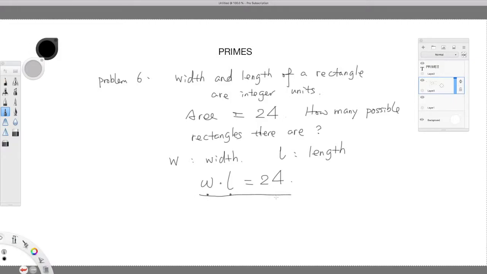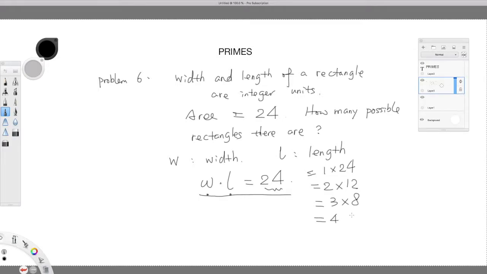And this question is equivalent to asking how many factors 24 has. Because for every factor, it's going to have a pair W and L. For example, factor 1 equals 1 times 24. For factor 2, 2 times 12. For factor 3, 3 times 8.